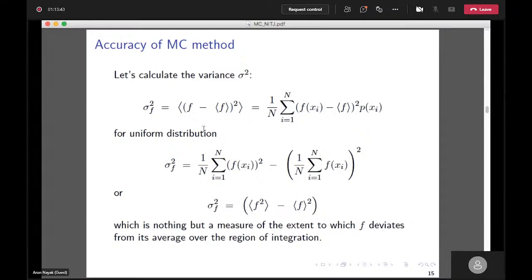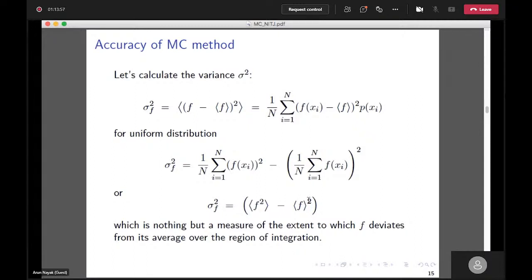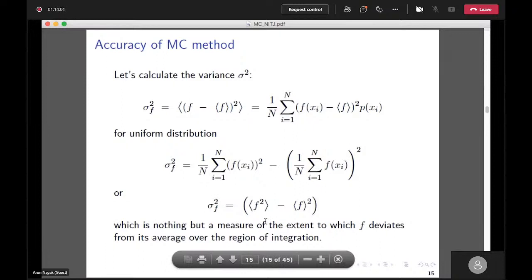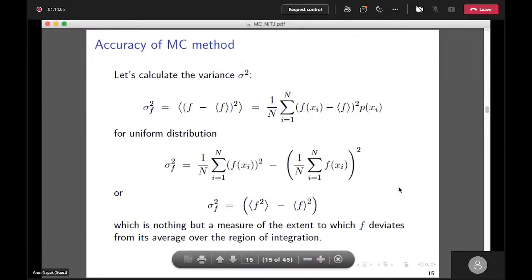That is how we calculate sigma. Then if we take p to be uniform, sigma f square becomes like this, which is nothing but the average of f square minus the square of the average of f. So it is the measure of the extent to which f deviates from its average value over the region of your integration.